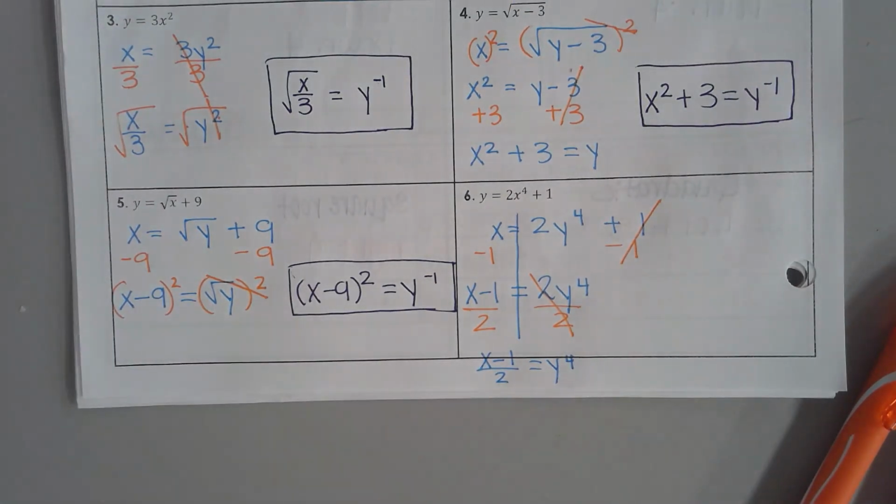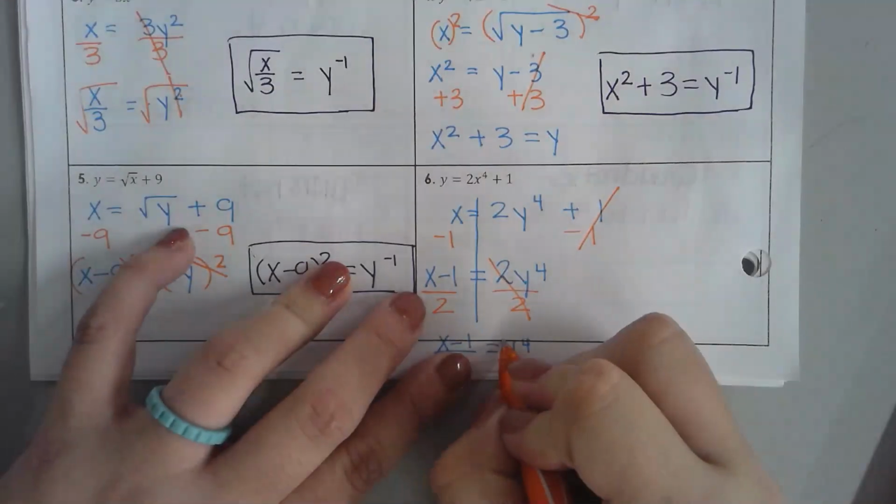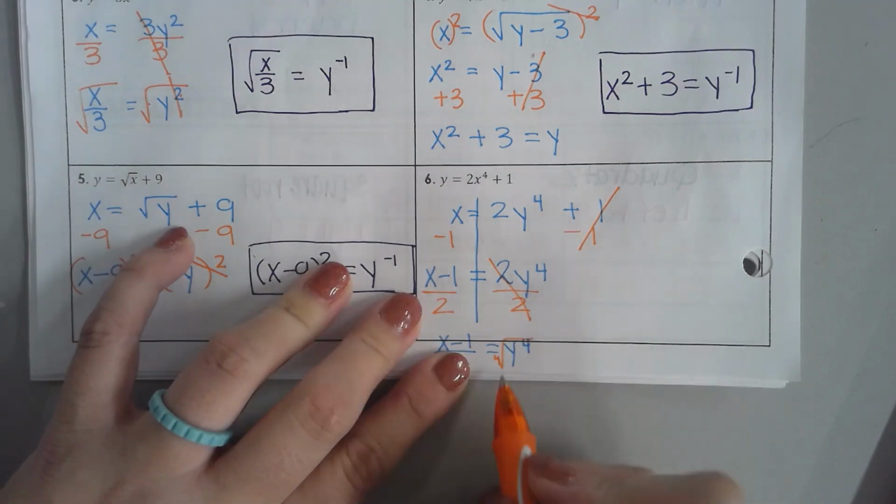Now, when we had an exponent of 2, we took the square root. This one has an exponent of 4, so I'm going to take the 4th root. And all that is, it looks like the square root symbol, but right here in the little corner, you draw a little 4.